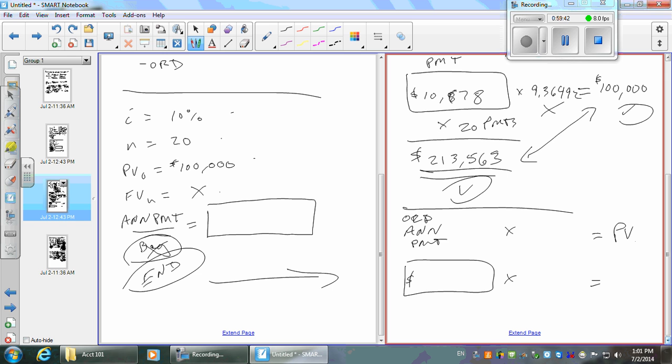You know the present value at time 0 is 100,000. I know that this is a present value of an ordinary annuity. N equals 20. I equals 10%. So whatever the interest rate is, whatever the number of periods is, you'll find that factor.